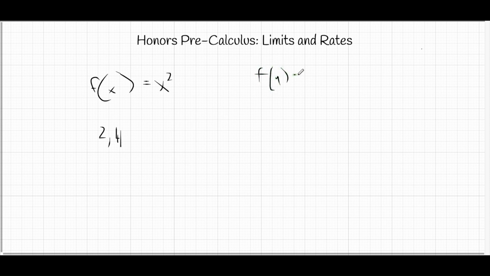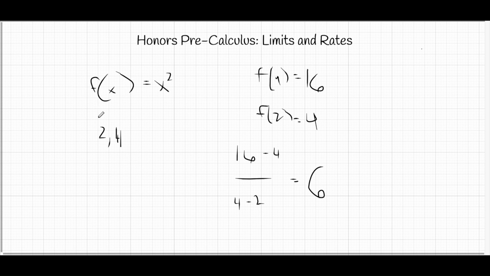That would be 4 squared, or 16. f of 2 would be 2 squared, or 4. So it'll be 16 minus 4 over, and then we just do b minus a, which is 4 minus 2. So 16 minus 4 is 12, 4 minus 2 is 2, so 12 divided by 2, or 6. That would be the average rate of change from 2 to 4.